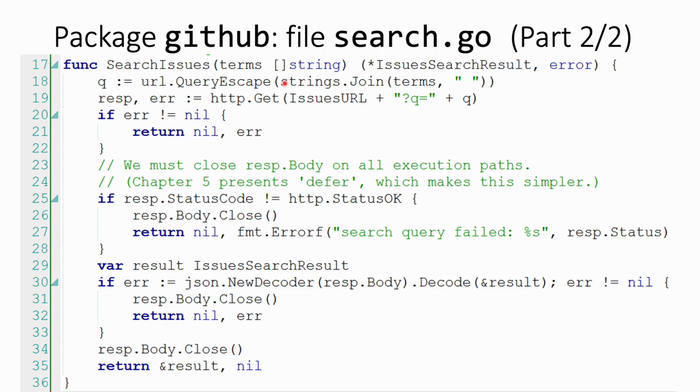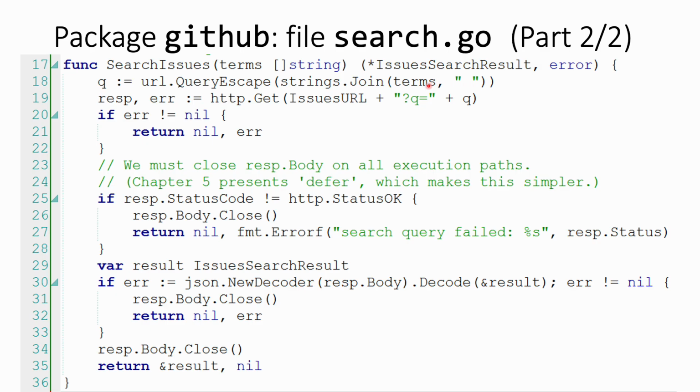This is the definition of function SearchIssues. Its purpose is to query the GitHub issue tracker. The argument terms of this function represents a list or slice of search terms, which includes search keywords and quantifiers. So first, we call function Join from the strings package to combine all the search terms in the terms slice into a single string, using a space to separate two consecutive search terms.